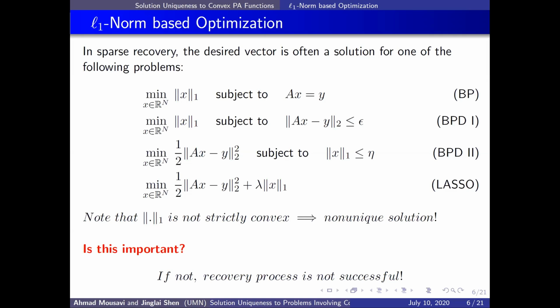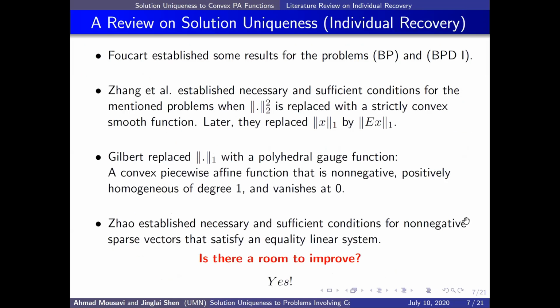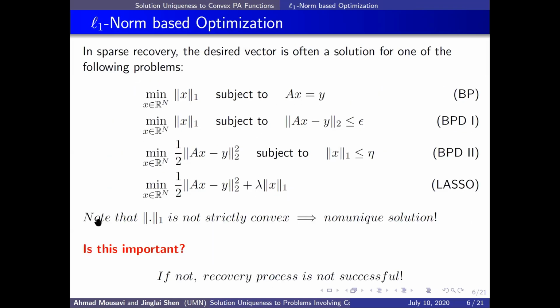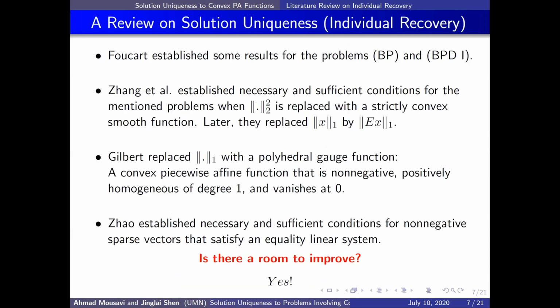Now the first question is whether this solution is unique or not. The problem comes from the fact that norm 1 is not strictly convex. If the solution is not unique here, then the recovery process is not successful, because you don't know whether this is what you wanted or not.